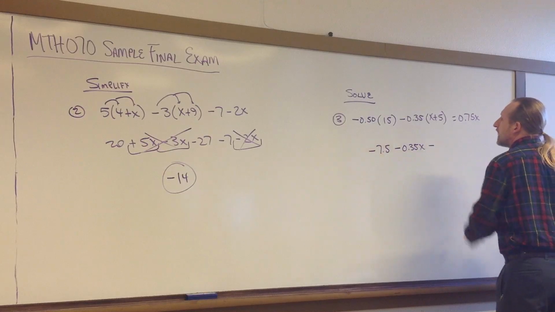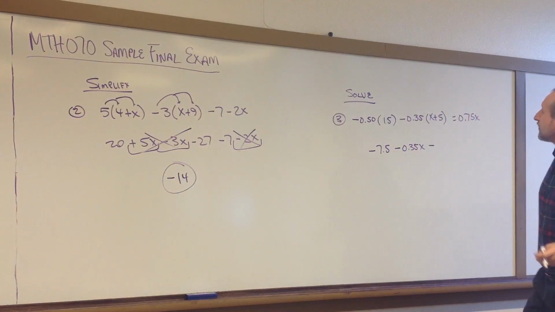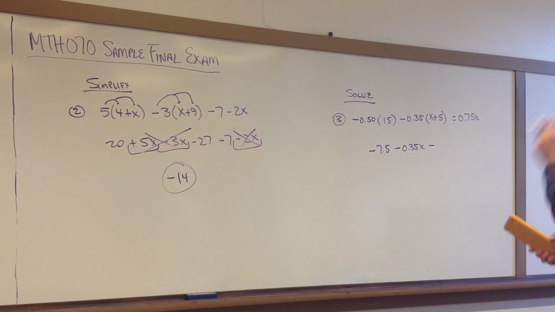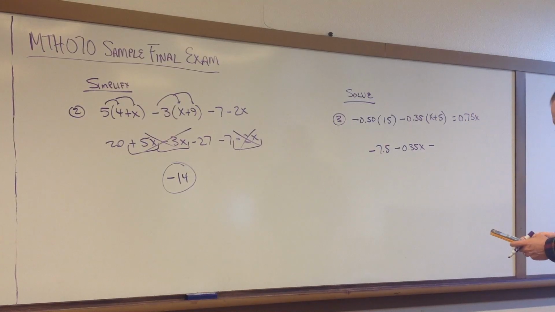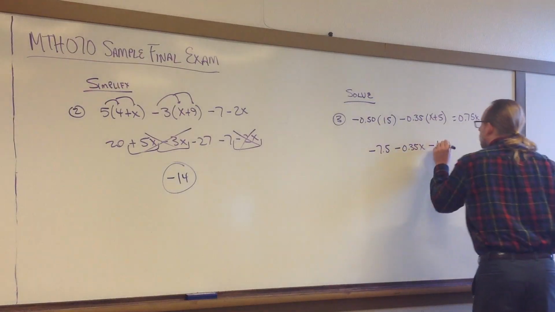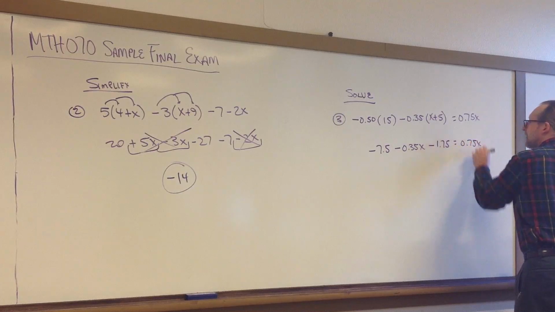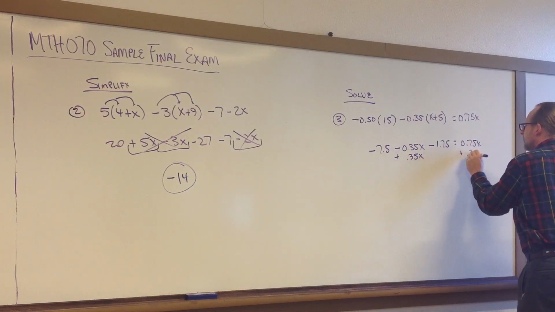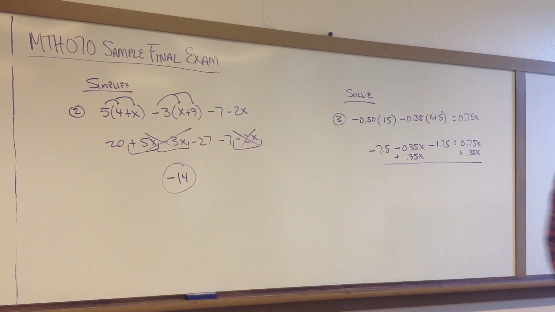And then minus, let's see, what is that going to be? 150 and 25, is that 1.75? I'll double check so I don't make a mistake here. Negative 0.35 times 5, yeah, minus 1.75 equals 0.75x. Then I'll add the 0.35x over to collect our like terms.